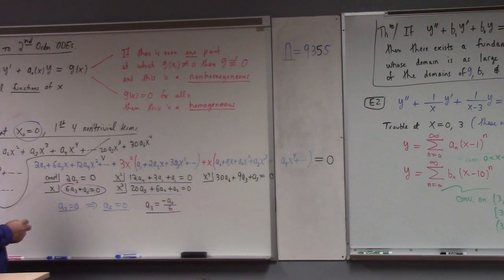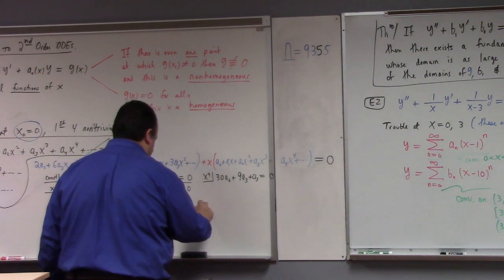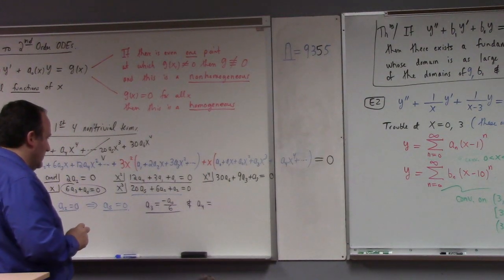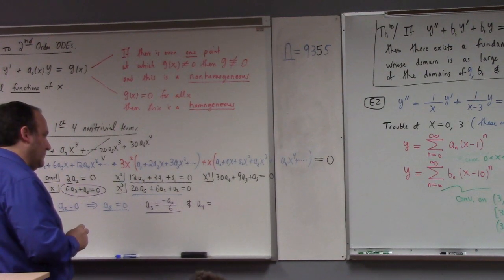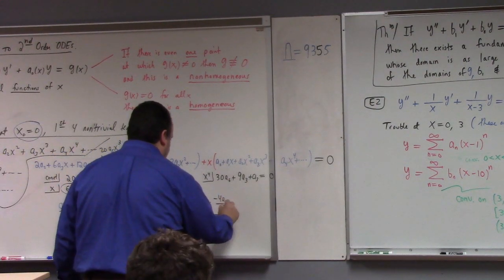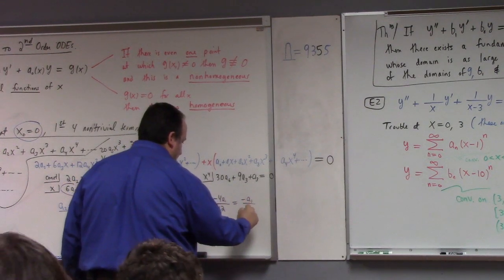That tells me that a4 is equal to what? Minus 4a1. I think you're right, but I got to do the math. So you said minus a1 over 3. Yeah, I think I agree with you.